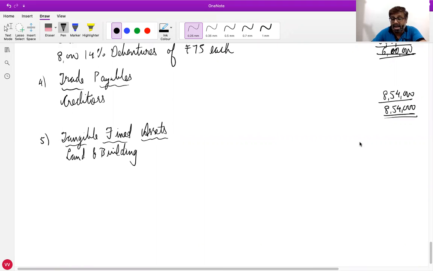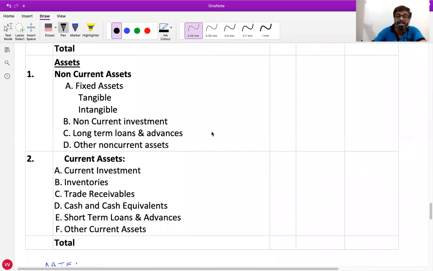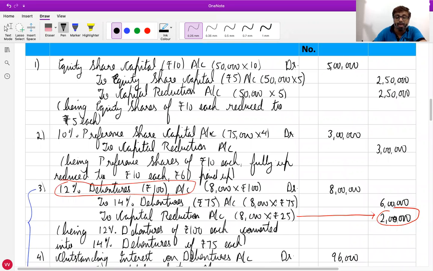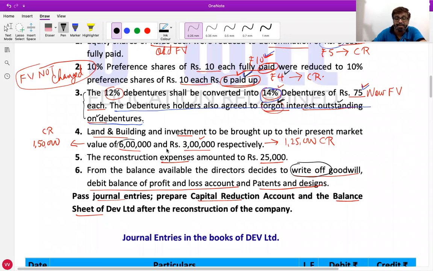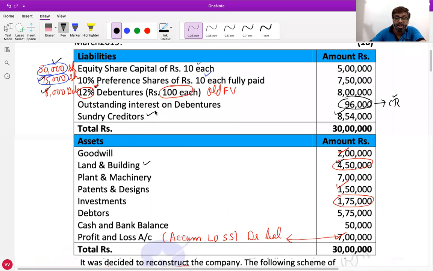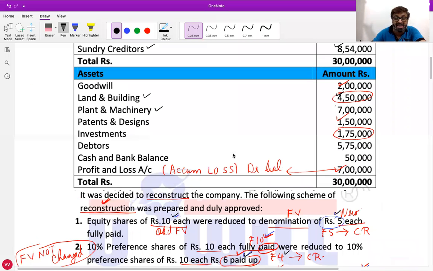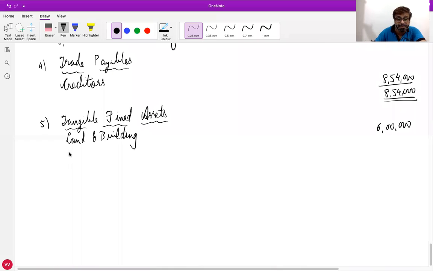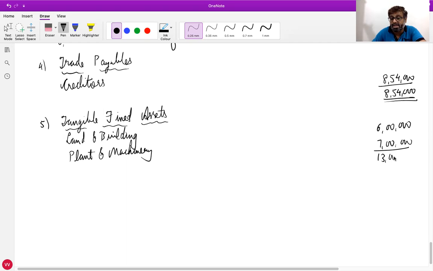And plant and machinery is not affected in any adjustment, so it will remain 7 lakhs as it is. Total 13 lakhs. Any confusions in this?